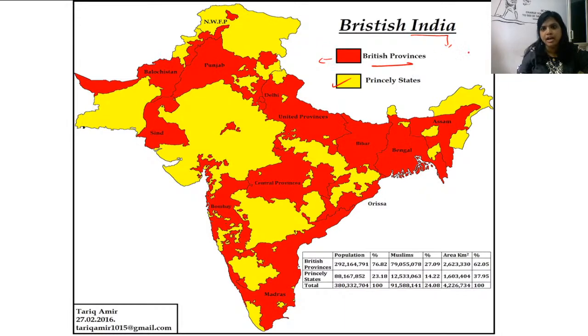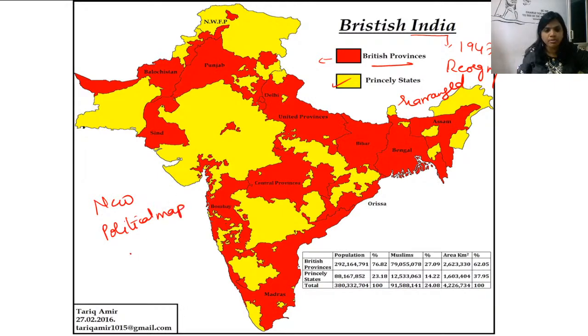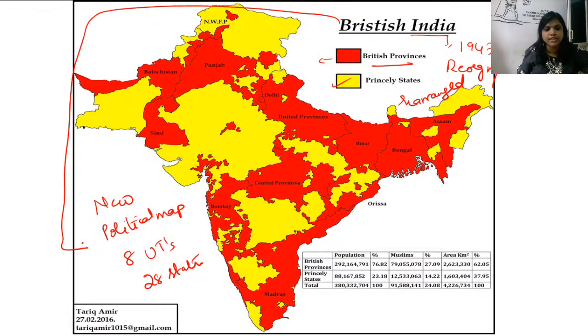Once we got independence, these were reorganized into the new political India, which we see today with 8 UTs and 28 states. We have to see how it has been transformed from this British India to this new political map.